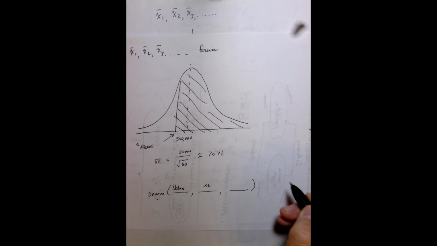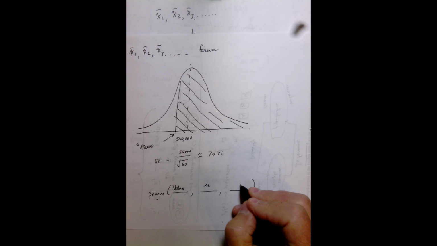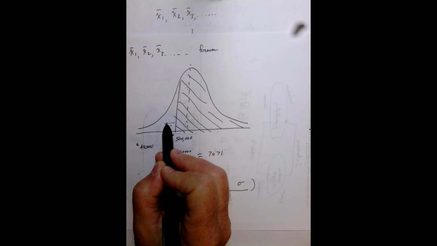The second is the mean of the normal distribution. And the next entry is the standard deviation. Now, what this gives by default is the area below. So if I put 490,000 right there, it's going to give me the area below.